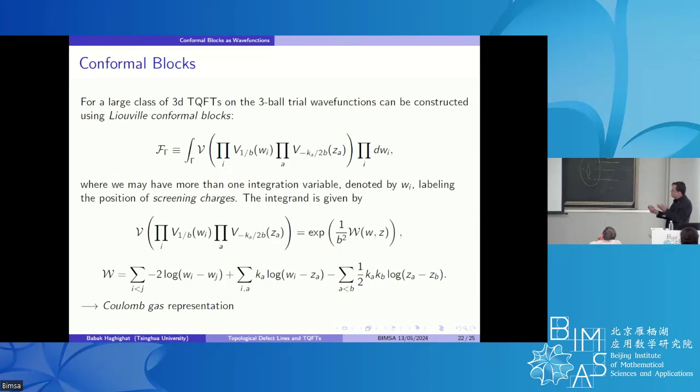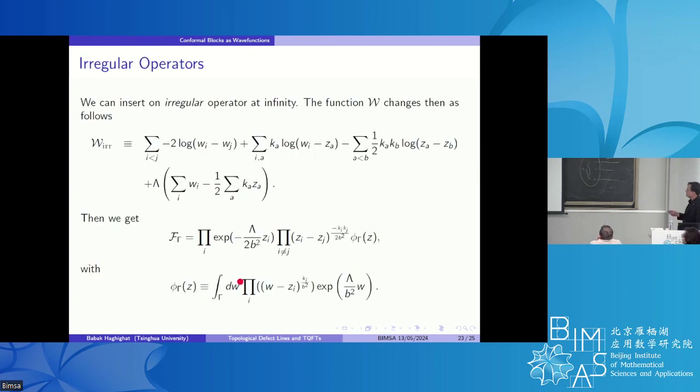Thinking of them this way, you are doing some kind of statistical integral with this Coulomb potential, and you get your wave function. That's one way to think about these things. And more recently we have introduced irregular operators, which have not a logarithmic potential but some polynomial potential, and you get these kinds of structures.